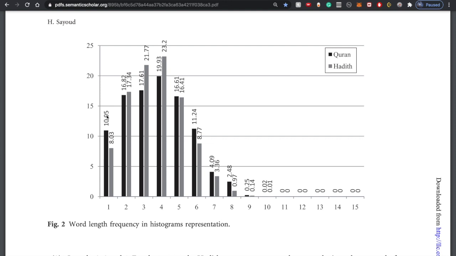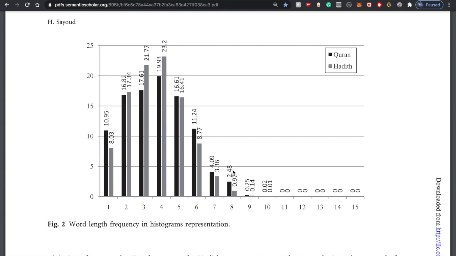So you can see 10.95 versus 8.03 for words that are composed of 1 letter, right? Here we have 21.77 versus 17.61, 19.93 versus 23.2, right? This is a little bit similar, but here again we have very different: 11.24 versus 8.77, right?